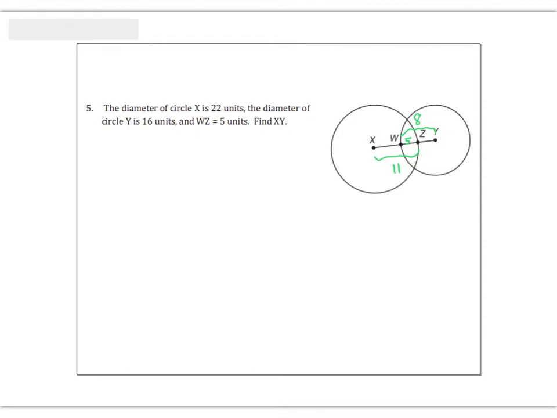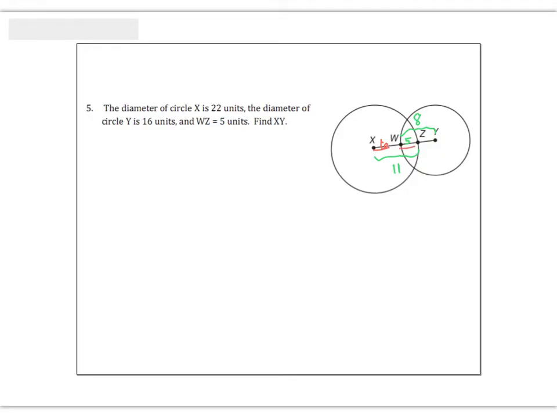There are many ways to do this one. One way is you could figure out the distance from X to W by doing 11 minus 5. 11 minus 5 would leave 6 for XW, since this plus this have to equal 11.